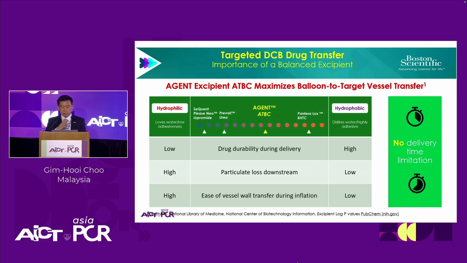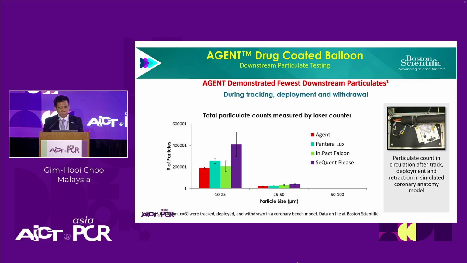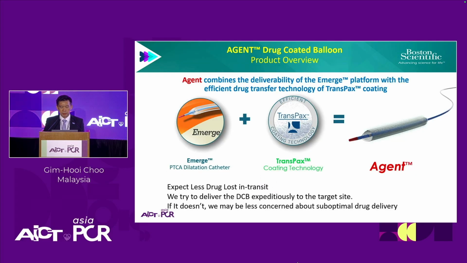That means it has good durability, much less gets lost along transit to the target area, and it is a lot more efficient transfer to the vessel wall. And the company tells us that you don't have to worry that much about the transit time to get to the area. And also we know that there's much less particulate downstream in the transit. So it's actually one to consider.